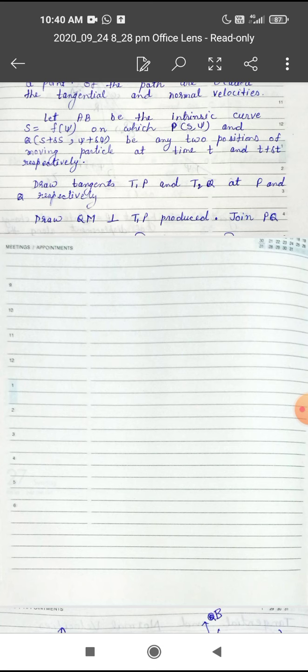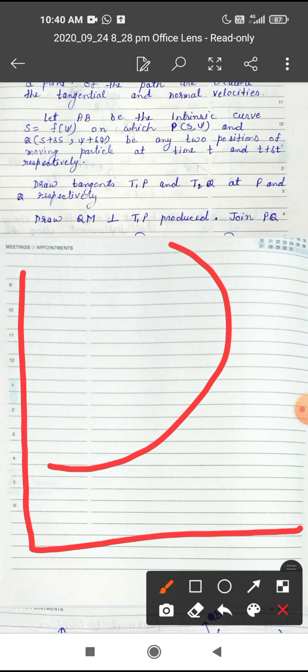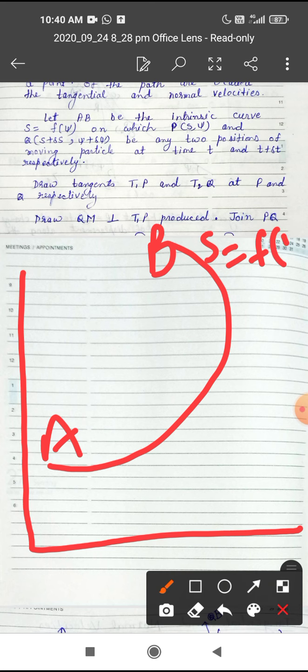So the equation is S is equal to F psi, on which P with coordinates S, psi and Q with coordinates S plus delta S, psi plus delta psi be any two positions of a moving particle at time t and t plus delta t respectively.